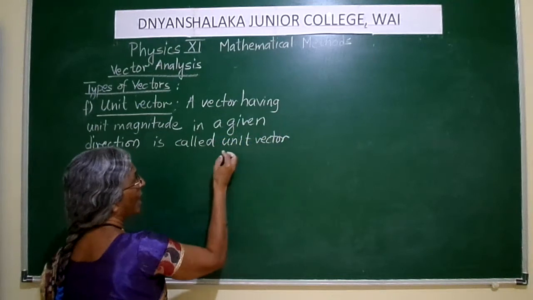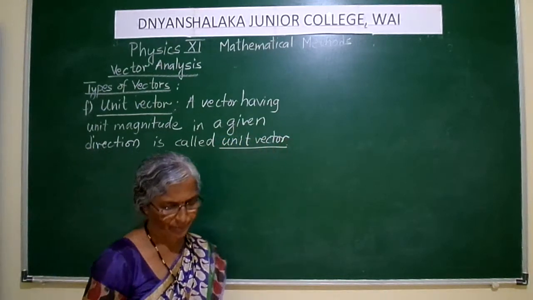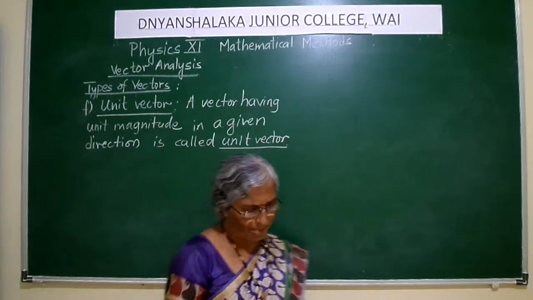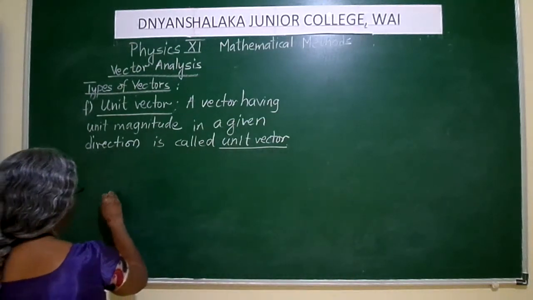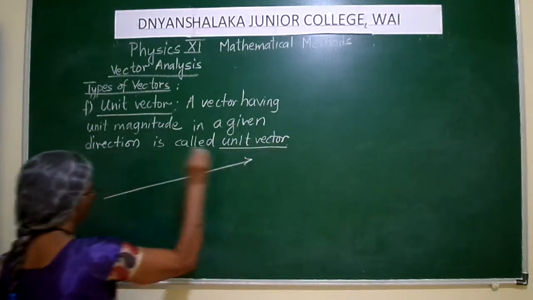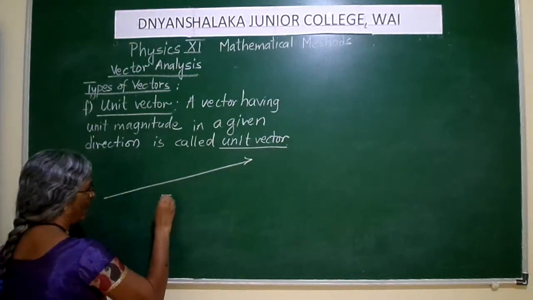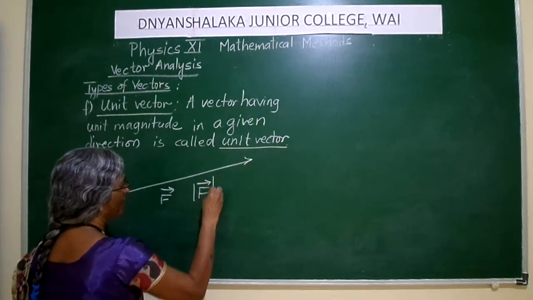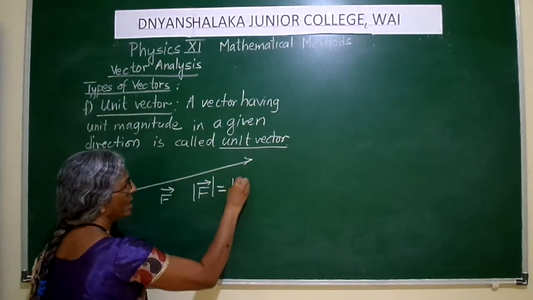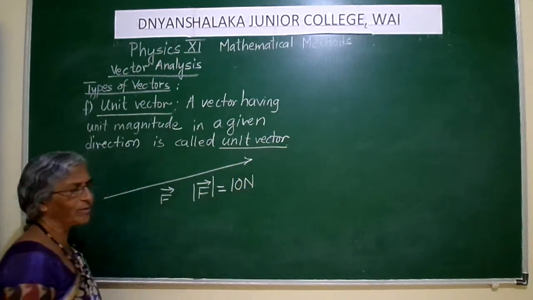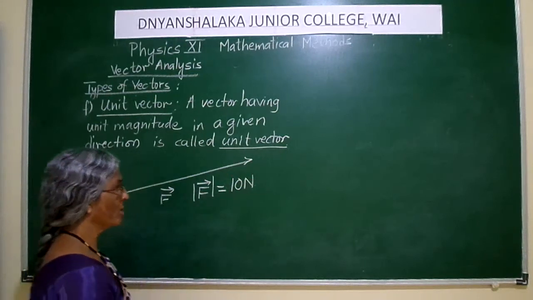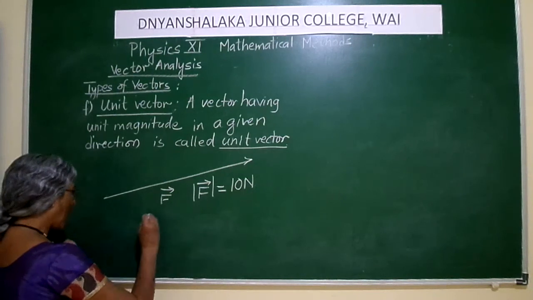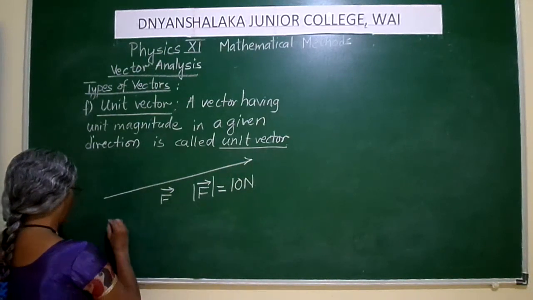What do I call it as? Unit vector. What do I mean by this? Say for example, I am having a vector. Okay, this is vector F. And magnitude of this vector F is equal to, say, 10 newtons. It is a force vector. Magnitude how much? 10 newtons. Now what am I doing? I am having another vector in the same direction.